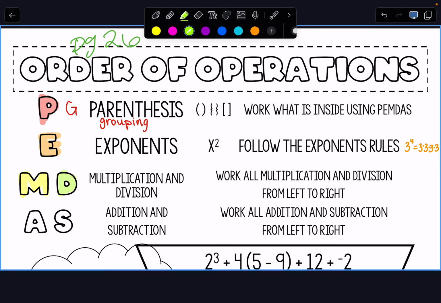They're tied, but if we have more than one multiplication and or division, then we need to read them from left to right. So I want you to put an arrow above the MD because we're going to go from left to right.